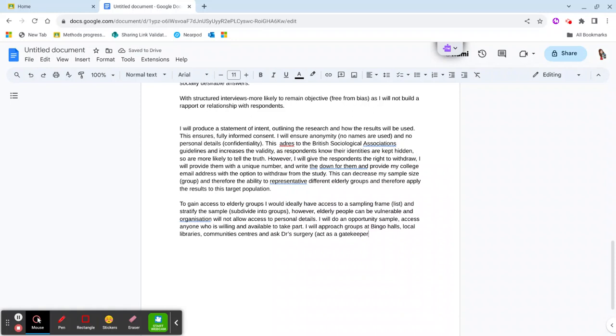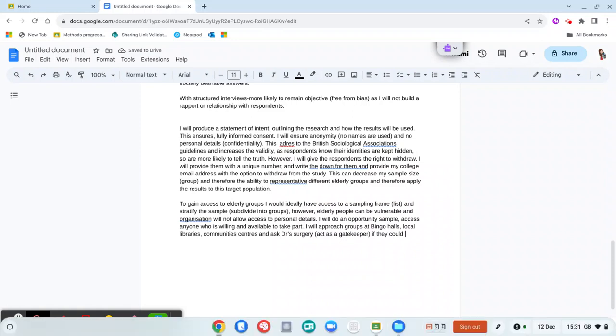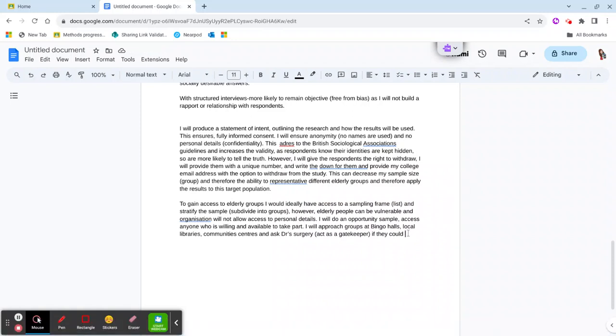I will ask doctors' surgeries who act as a gatekeeper if they could have an advert outlining the research, with paper self-completion questionnaires.